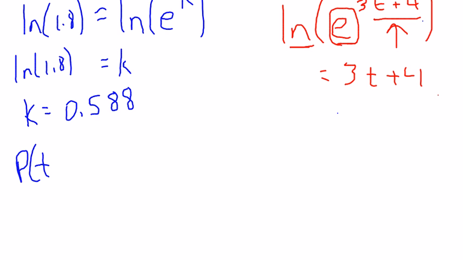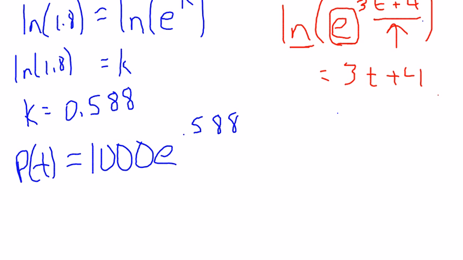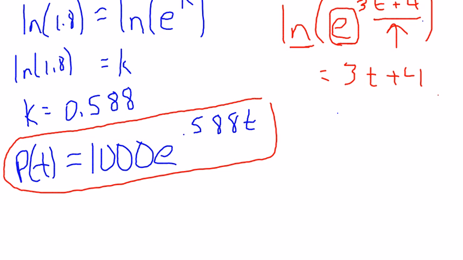P of t is equal to 1,000 e to the 0.588t. Alright, so that's part A. So I will circle it in red. Part A said, find an equation that models its growth. Boom, equation that models its growth.